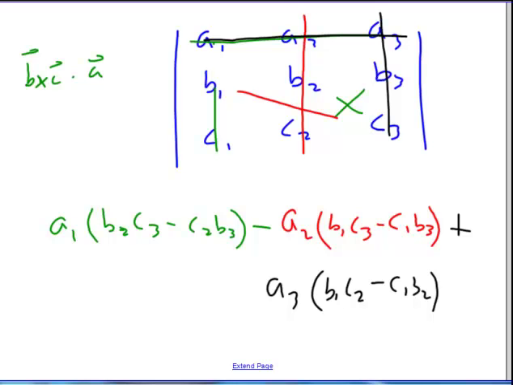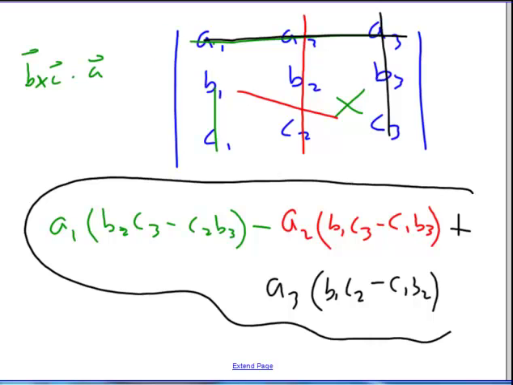And this, if we went back a slide, is the exact same thing written slightly differently that will find us the volume of our parallelepiped.